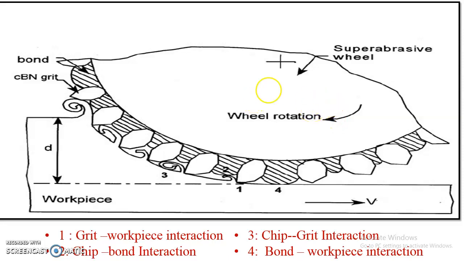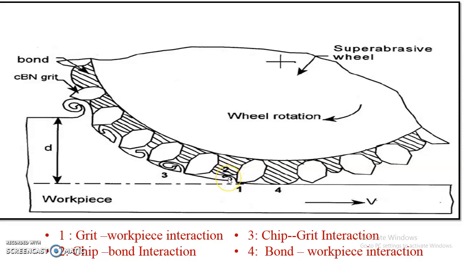If you observe, once the material has been removed, then chip formation takes place in between the two grits. Here you can observe the chip formed, here also. So this chip removal takes place. Now at the second point, there is an interaction between this bond and the chip removed with the help of this grit.